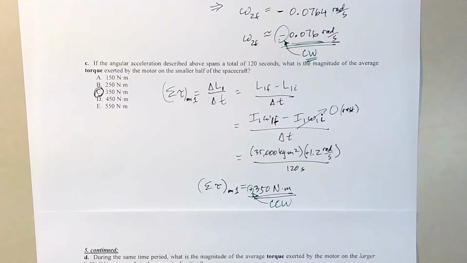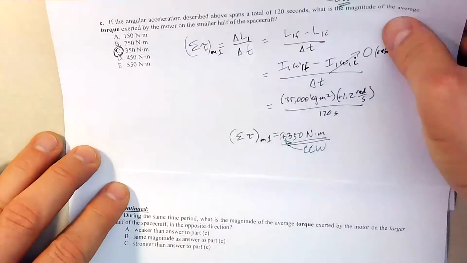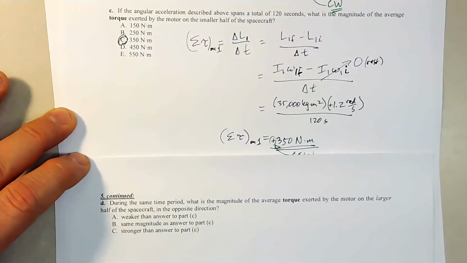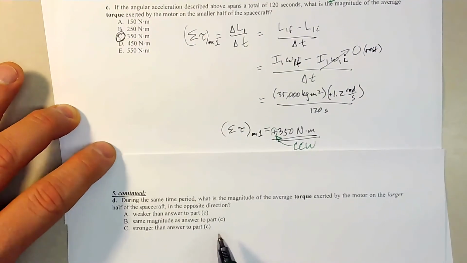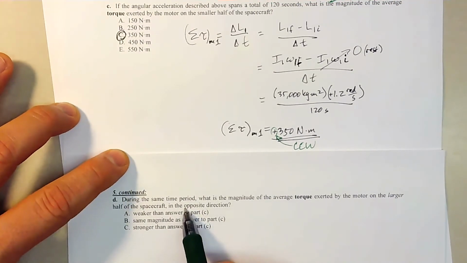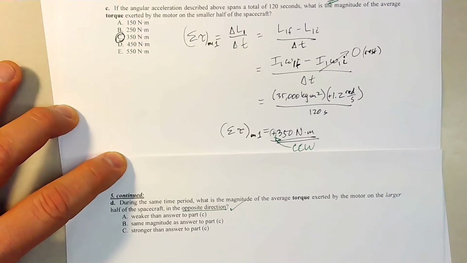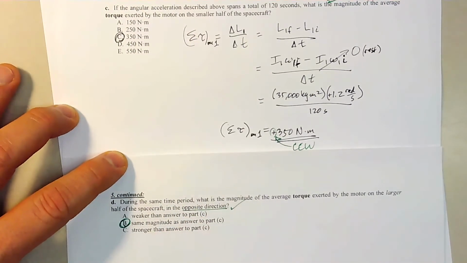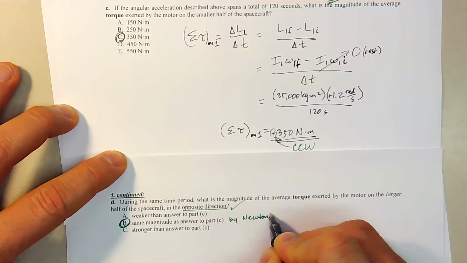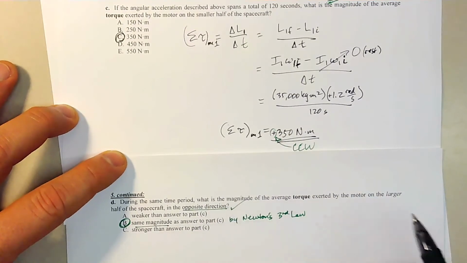So without any further calculation, we can use Newton's third law by extension and say the torque exerted on the large part needs to be opposite in direction, which we're given as part of the question, and it needs to have the same magnitude.